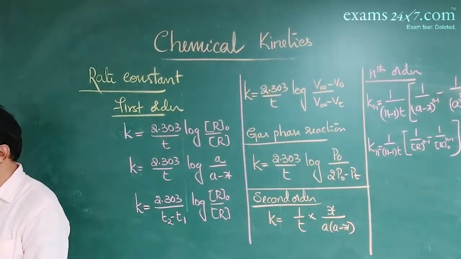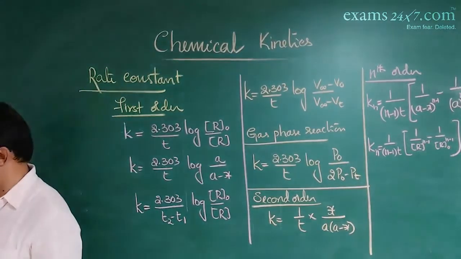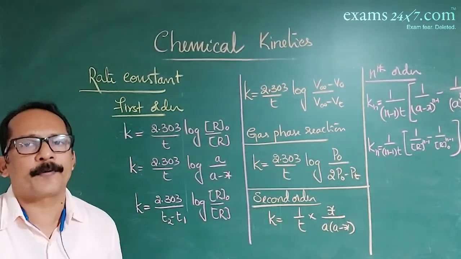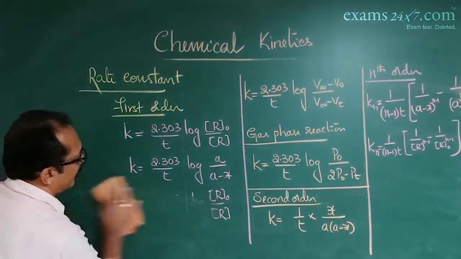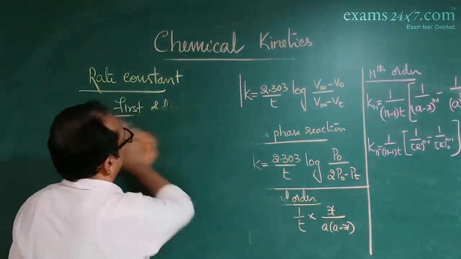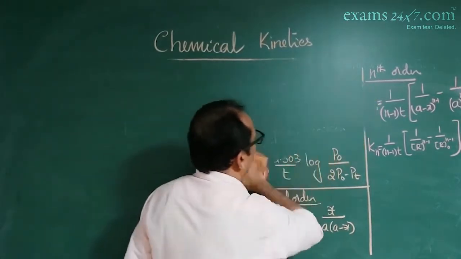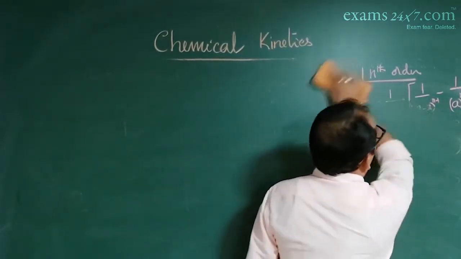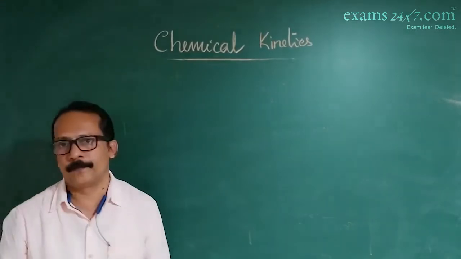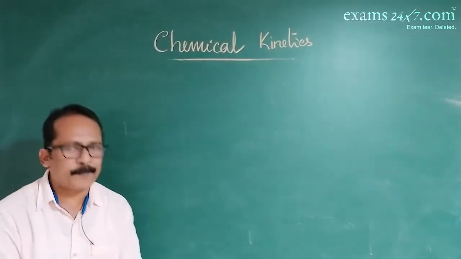Next one is about the half-life period. Then we'll go for the unit of rate constant. Half-life time or half-life period: the time taken by the reactant to reduce to half of its initial value is called the half-life period.